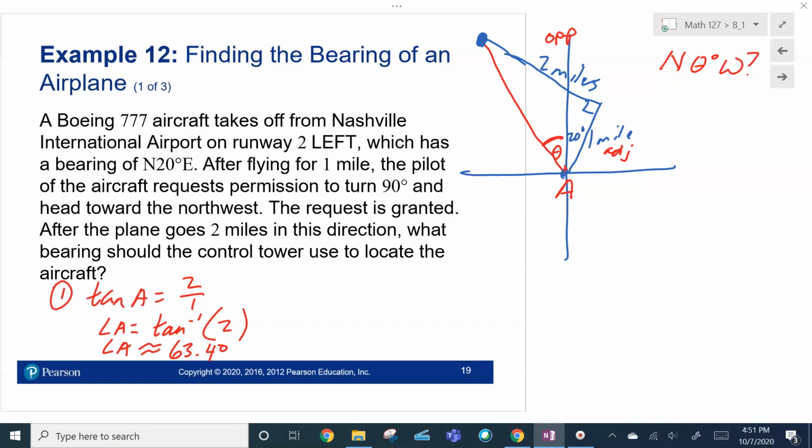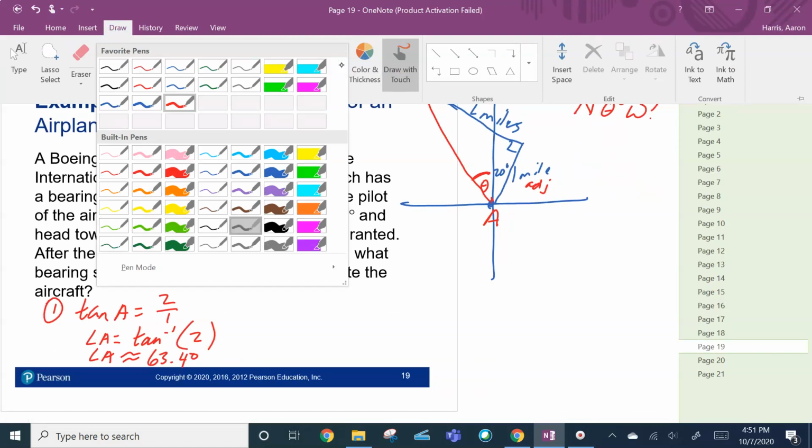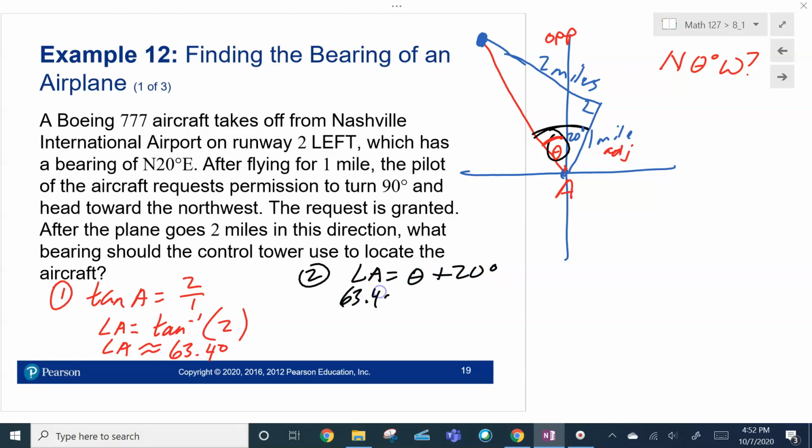Now that's the entire angle A, the whole thing, but we only want theta, right? So number two, angle A is theta plus the 20 degrees, and we know angle A is 63.4 degrees. So theta, subtract 20 on both sides, has got to be 43.4 degrees.